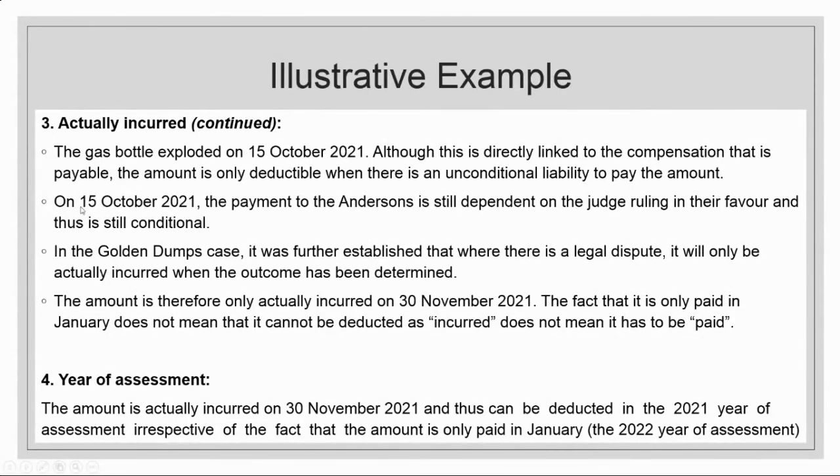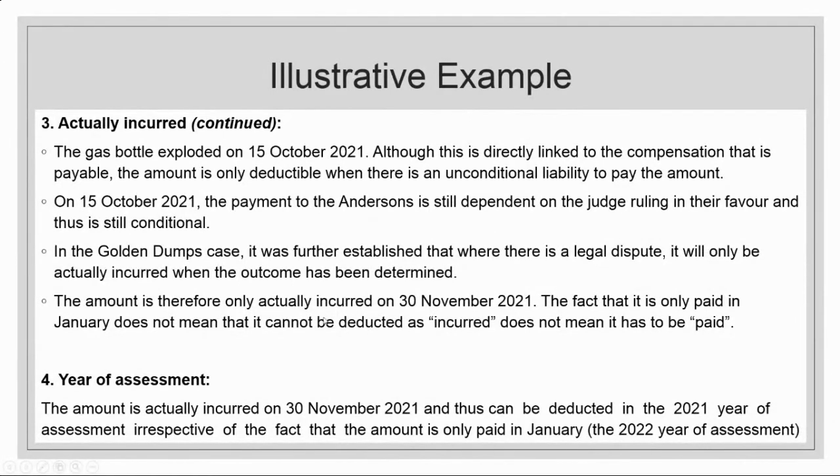Because that court case was still pending on the 15th of October, we have to look at when they actually reached the conclusion of whether we will be liable. That was only on the 30th of November, when the court decided, no, the company is liable to pay this amount to the Andersons.